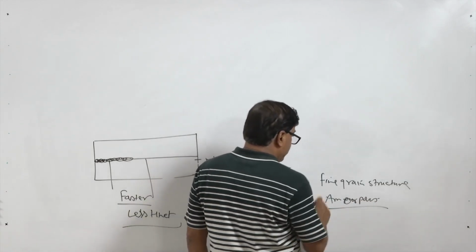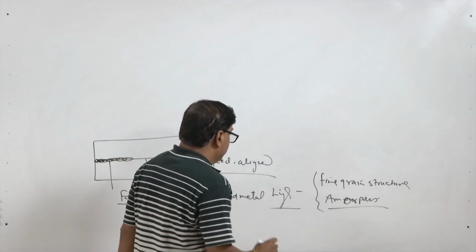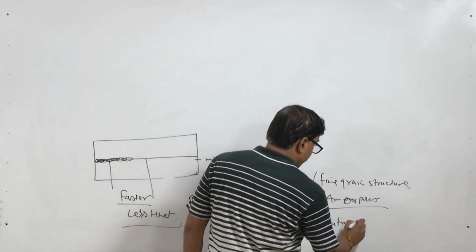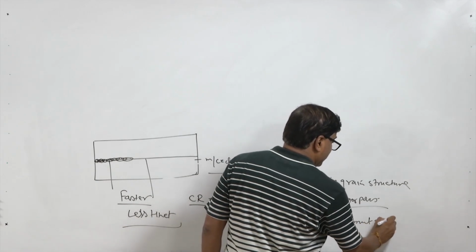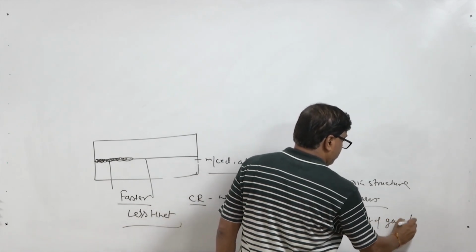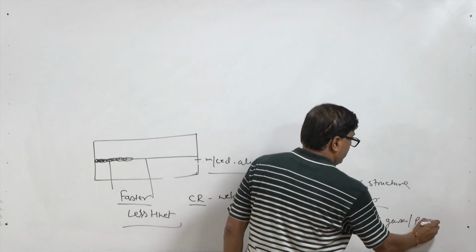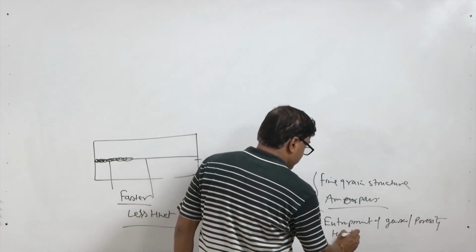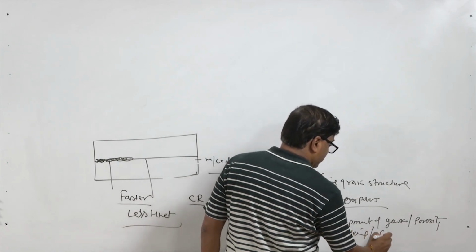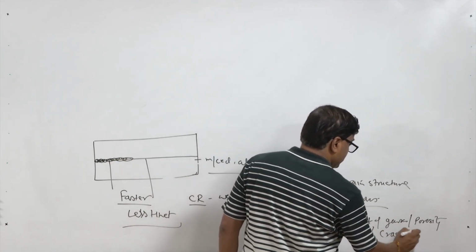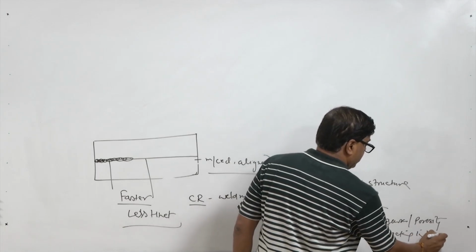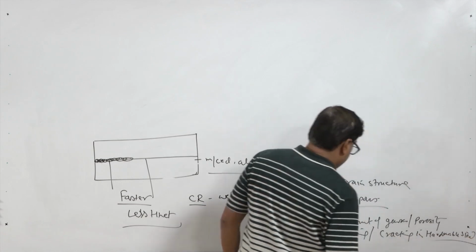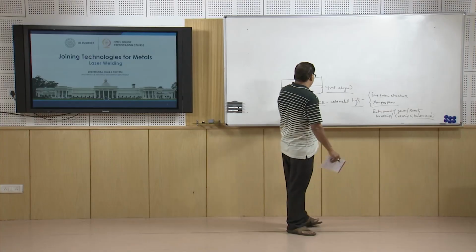But sometimes too high a cooling rate can lead to the entrapment of gases in the form of porosity, or if the material is hardenable, excessive hardening can cause cracking tendency in the hardenable steels. So, this is another problem related to the high cooling rate.